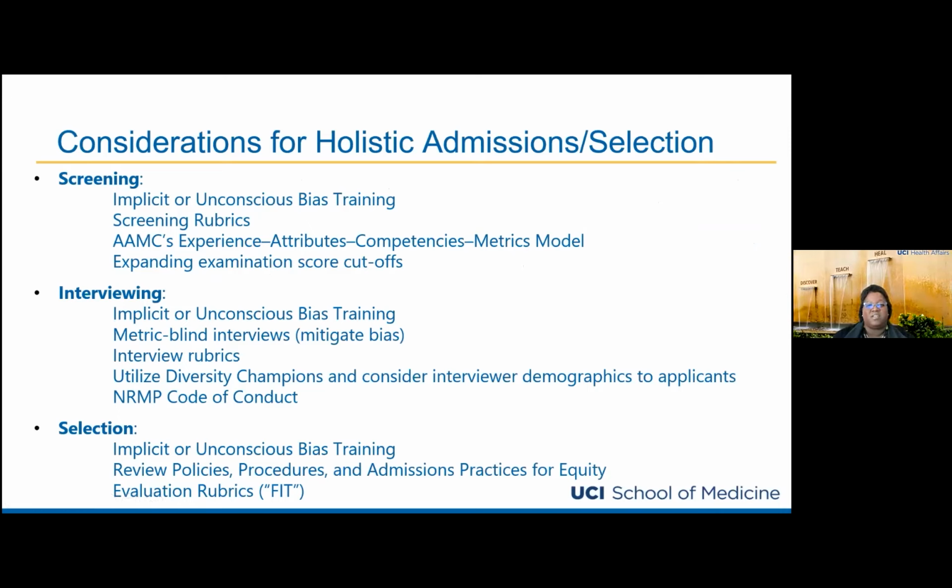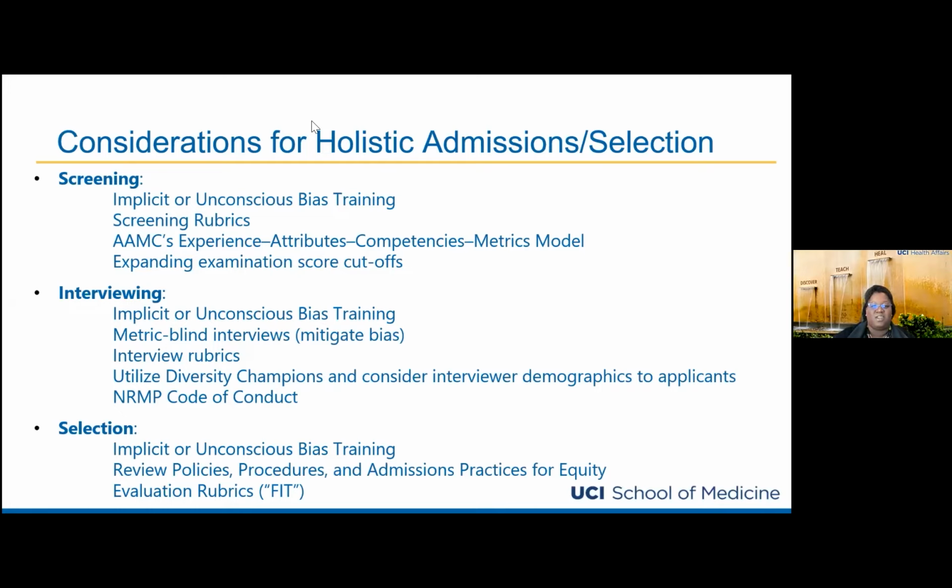So when we talk about considerations for holistic admissions and or selection, once again, you will see here that implicit or unconscious bias training shows up at every single level. So it's important whether we're screening, interviewing candidates, or providing selection, that we are being mindful of the biases that we all may bring to the table, whether we are aware of them or whether we are not.